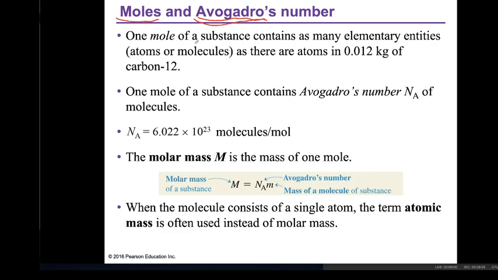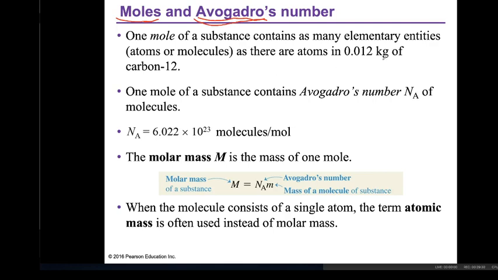One mole of a substance contains a certain number of molecules of this substance, and this number is defined as the number of atoms of carbon-12 that weigh 12 grams.